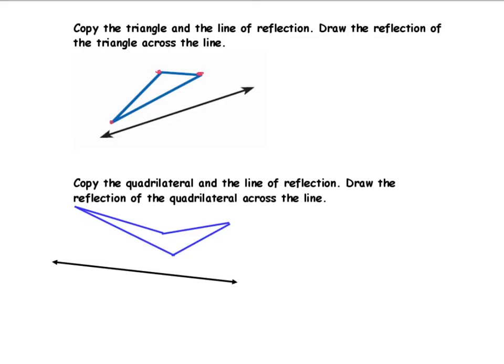So number one, through each vertex, draw a line perpendicular to the line of reflection.